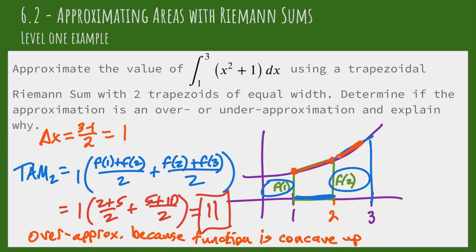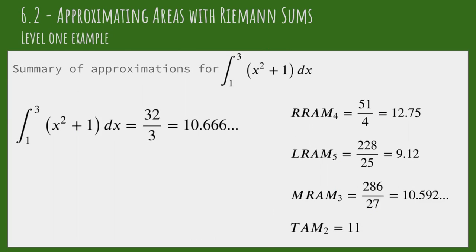Okay, so we approximated the same integral in 4 different ways. I want to look at all those answers in one place here, along with the actual area. So if we were to actually find the area that we're approximating right now, this actual area is going to be 10 and 2/3.